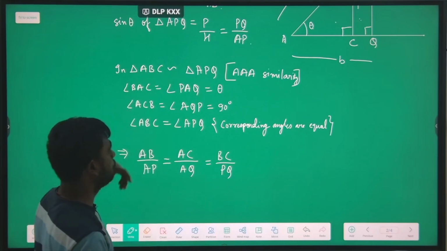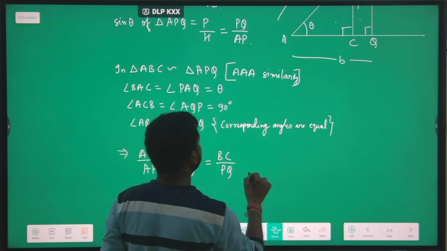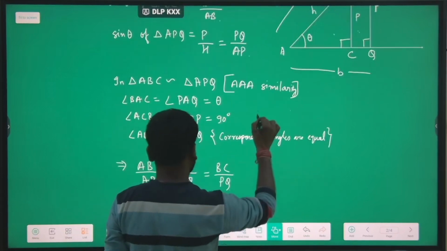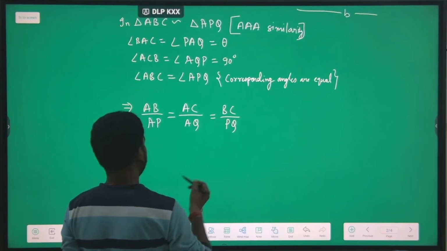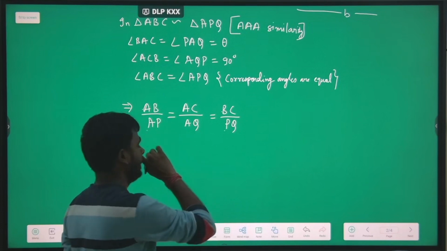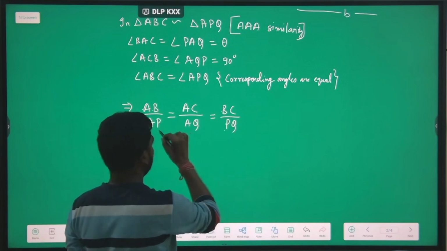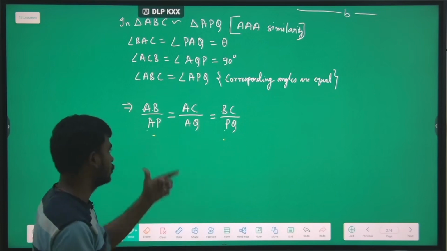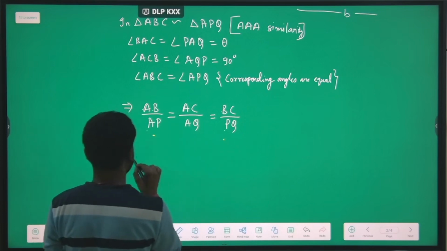What are we going to prove? We want to prove BC by AB is equal to PQ by AP. That means we require these two ratios. So we will equate these two ratios.